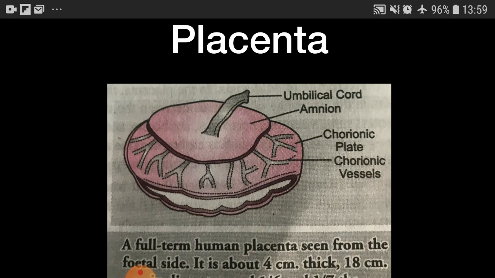The viruses and bacteria also cross the placenta, but this is offset by certain antibodies, globulins, and antitoxins which pass from the mother to the fetus.